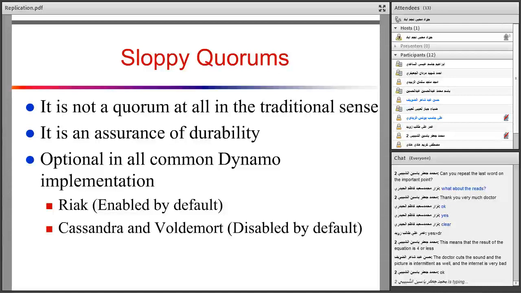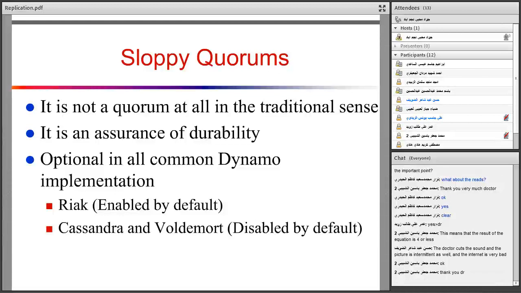This quorum is not a quorum at all in the traditional sense, but it is an assurance of durability, and it's optional in all common Dynamo implementations. Dynamo is used in Riak, Cassandra, and Voldemort.